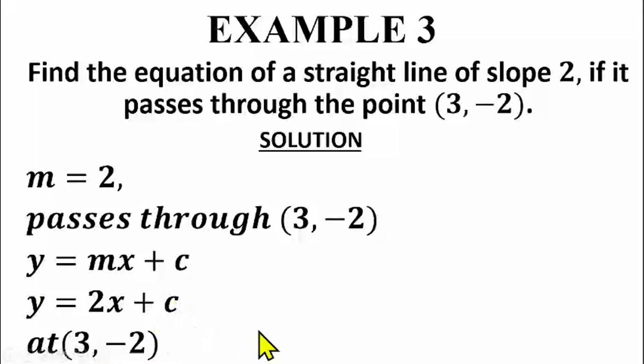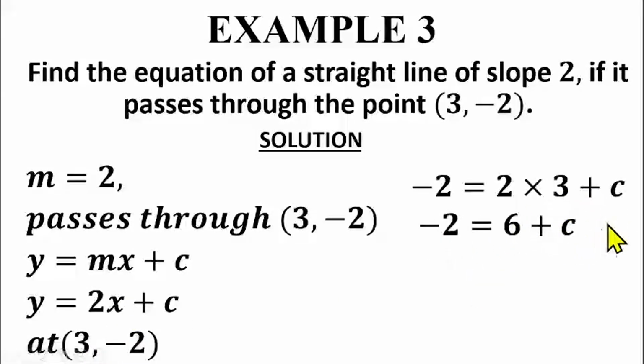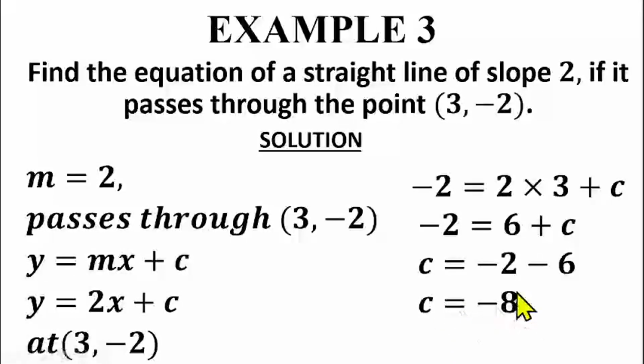C. So that means at that point the equation becomes minus 2 equals 2 times 3 plus c, which if you simplify, you have minus 2 equals 6 plus c. Make c the subject of the formula by taking 6 across. You have c equals minus 2 minus 6. Then c will be equal to minus 8.